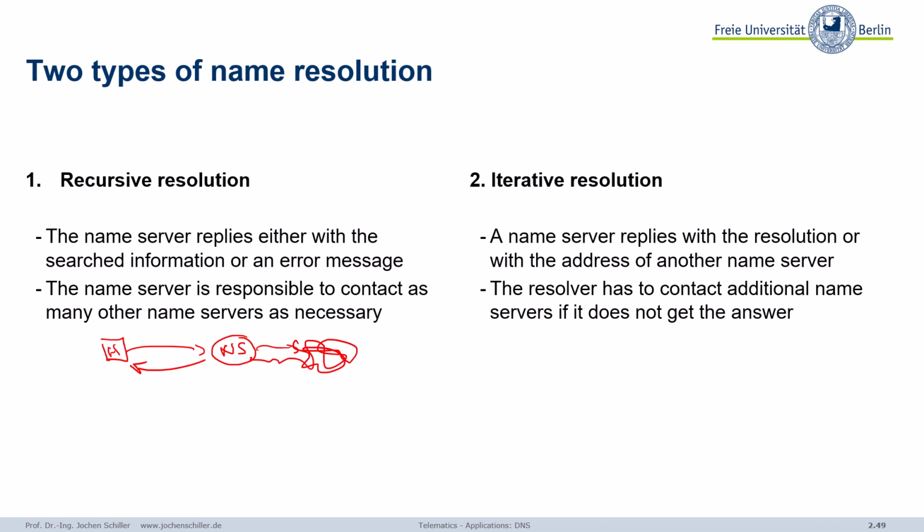So the host again asks the name server, and the name server may come back with the correct resolution or come back with an address of the next name server. And then, if this is the case, your resolver has to contact the next one. And maybe this one is recursive, doing all this and answering directly. So recursive and iterative resolution.